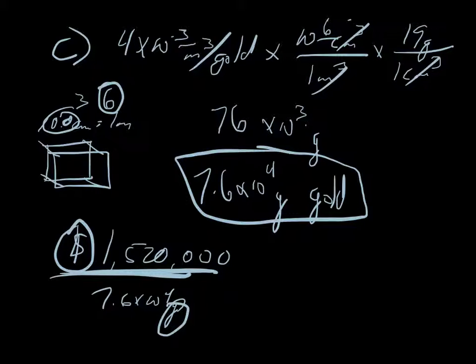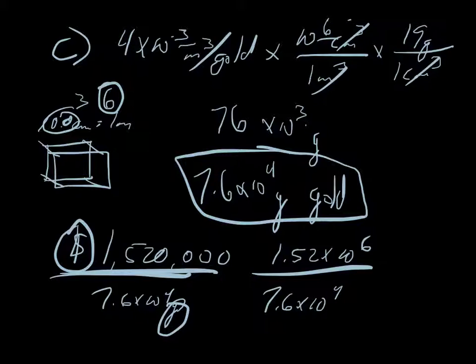How many dollars per gram does it have to cost us? So you're going to try to do this, but obviously it would be difficult the way it looks right now. And what I would do is convert this to scientific notation. Right, so it'd be 1.52 times 10 to the 6th divided by 7.6 times 10 to the 4th.